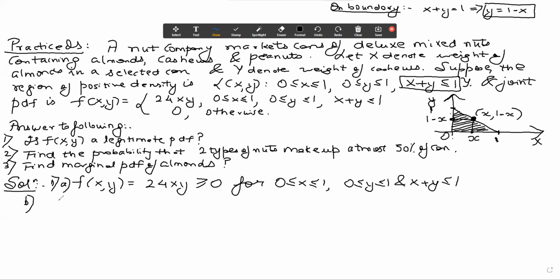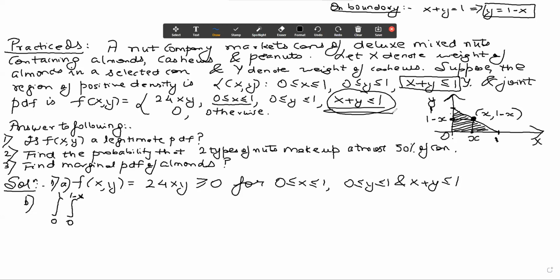The second thing we need to show is the integral from 0 to 1. Now x goes from 0 to 1, y does not also go from 0 to 1. Y will go from 0 to 1 minus x. If I had not put this inequality, then you would have said that y goes from 0 to 1. But this inequality is also there.